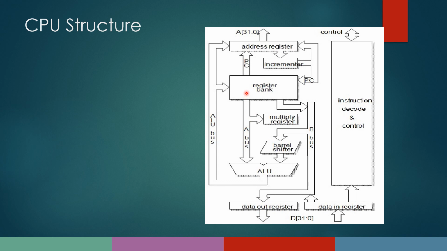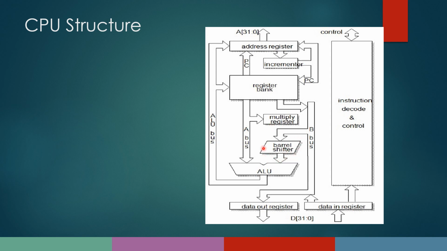So directly one of the data goes through the A bus to the ALU, whereas the other operand does not go directly to the ALU. How does it go? It goes via the barrel shifter. This barrel shifter we can call a preprocessor. That is, in the barrel shifter, the data may be shifted left or right, or it may be rotated.